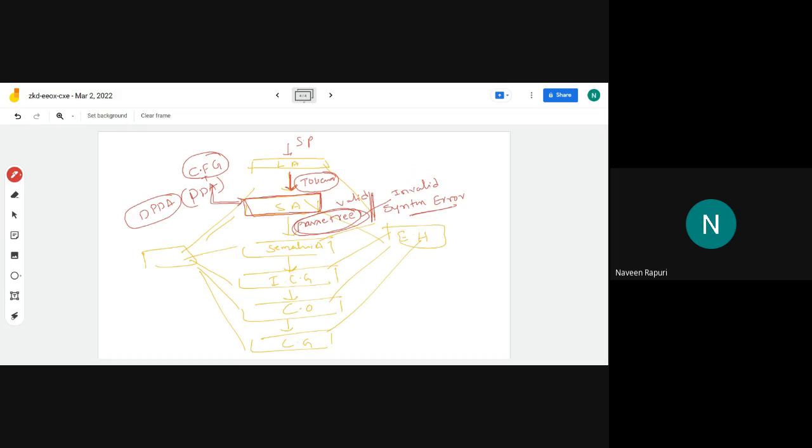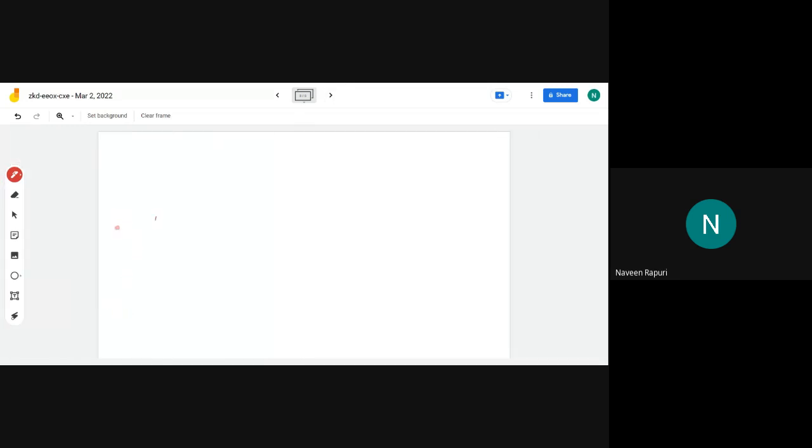So this is what we need to discuss. If we see from lexical analysis, the lexical analyzer generates tokens and passes those tokens to the syntax analyzer.